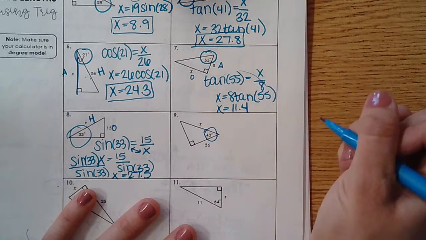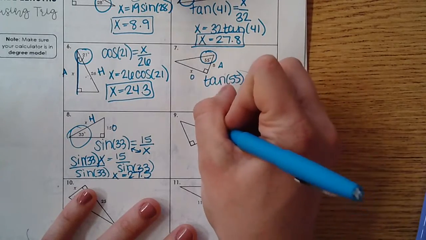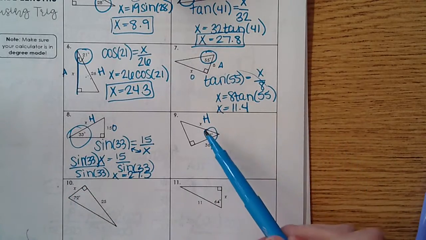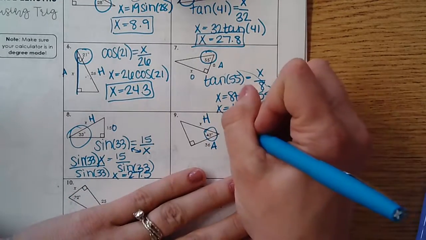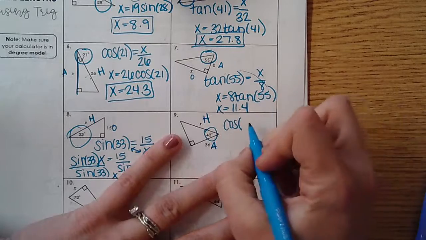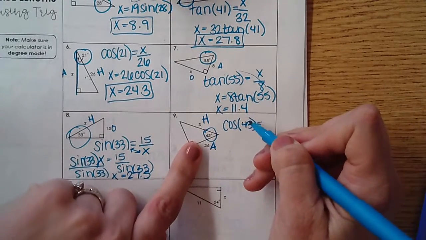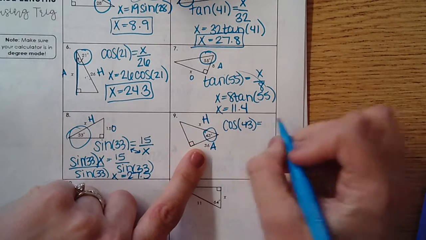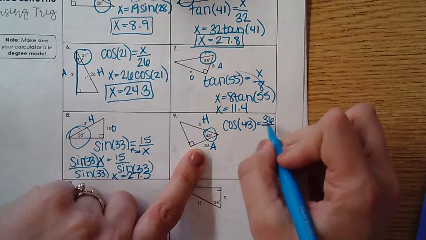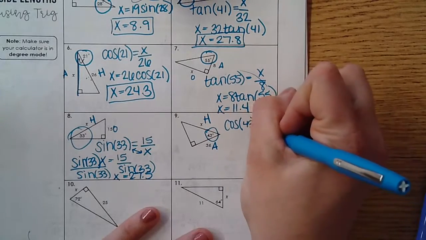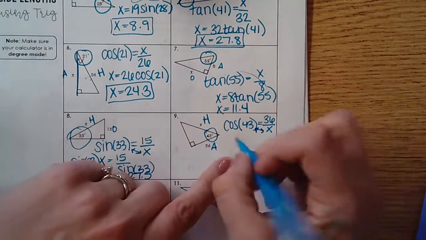We have our 43 degrees. The side I'm trying to find is the hypotenuse. The side I'm given is the adjacent. So AH tells me cosine. Cosine of 43 equals the adjacent 36 over the hypotenuse, x. When x is on the bottom, these two guys change spots.